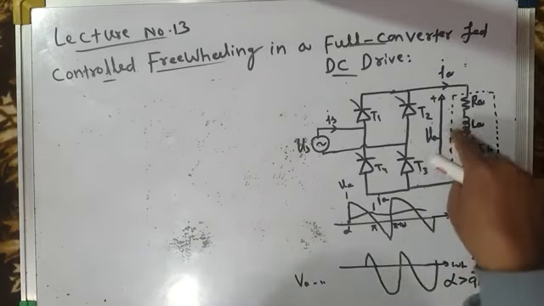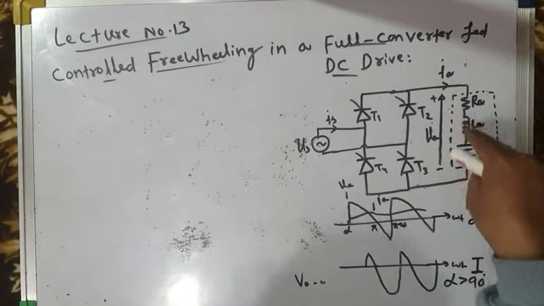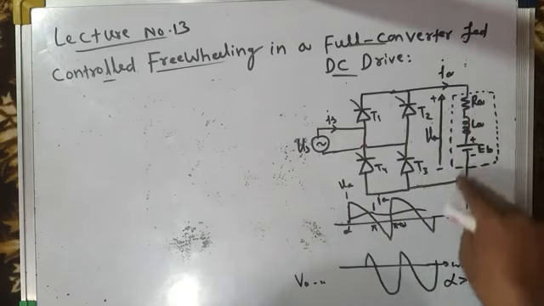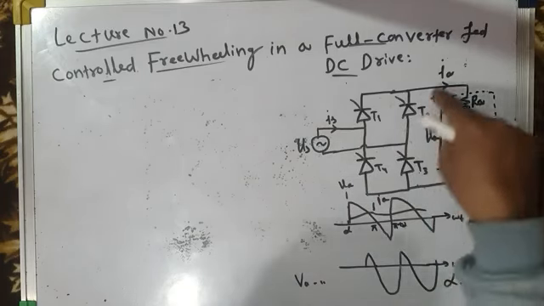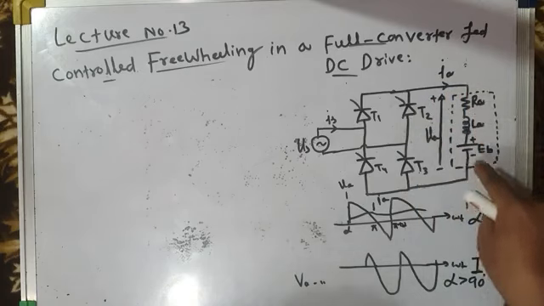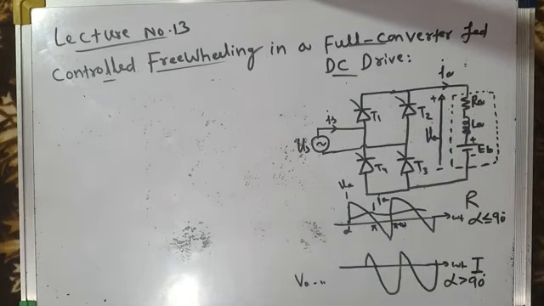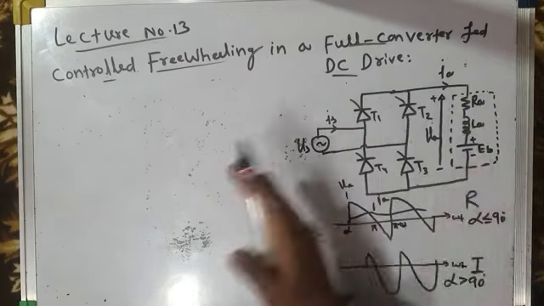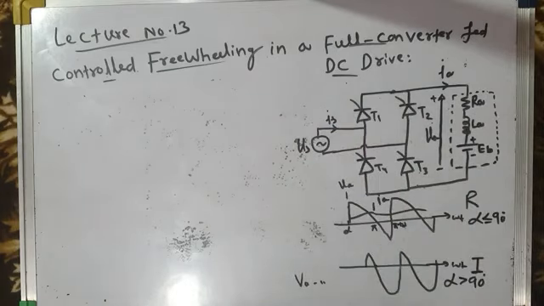Instead of that reactive power flowing back to the source, can we make it freewheel in the load circuit only, so that it is consumed by the motor and converted into mechanical power? If we can do that, then there will be no flow of reactive power between source and load, and we can improve the supply side power factor also. Can we do that? Answer is yes. How?